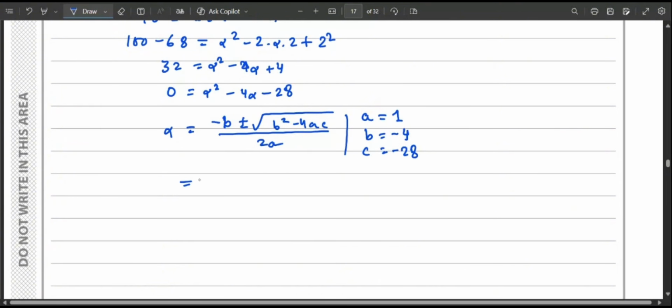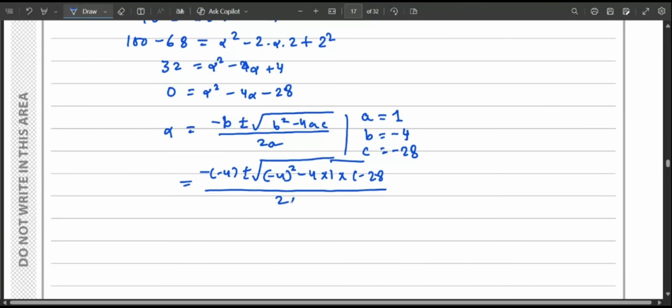And we can put this into our equation. So minus of minus 4 plus minus root over minus 4 whole square minus 4 into 1 into minus 28, divided by 2 into 1 gives us our value of alpha.